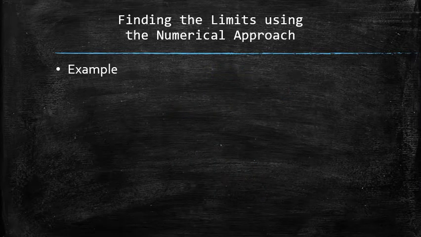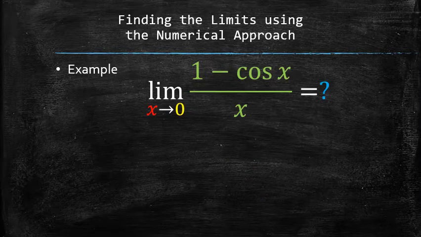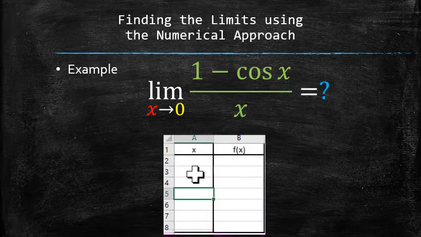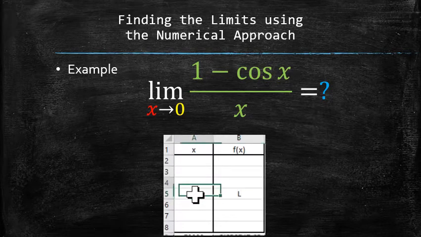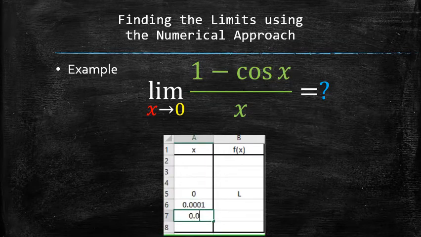Let's consider another example, and let's use Excel again. To find the two-sided limit of this function at 0, first we're going to create the sequences of inputs on both sides using the PowerPoint as a template.